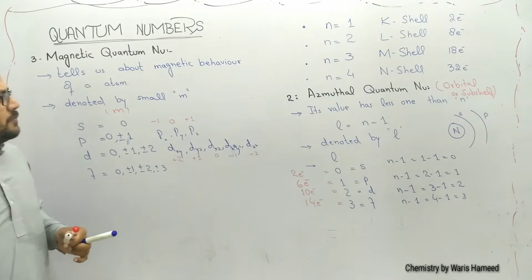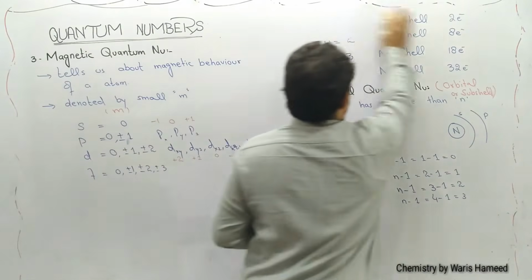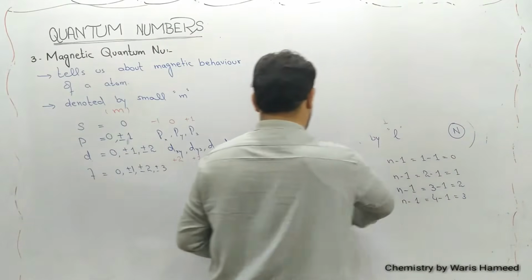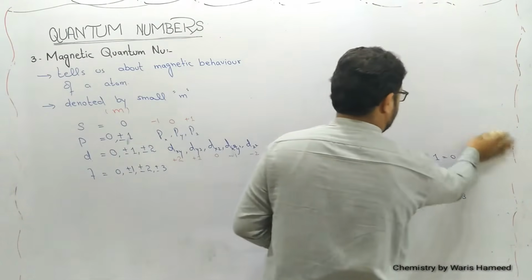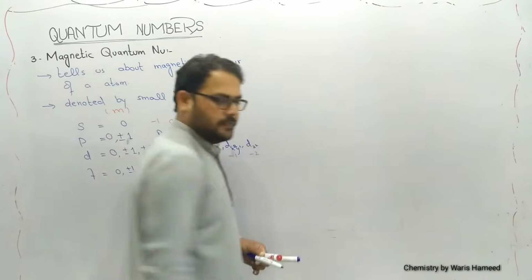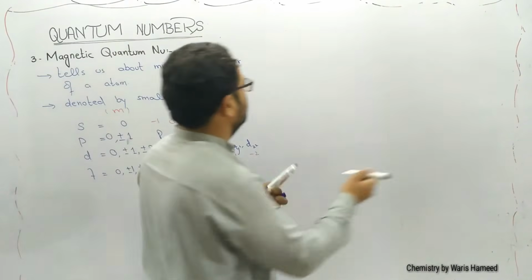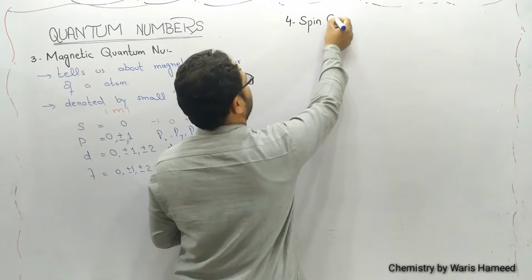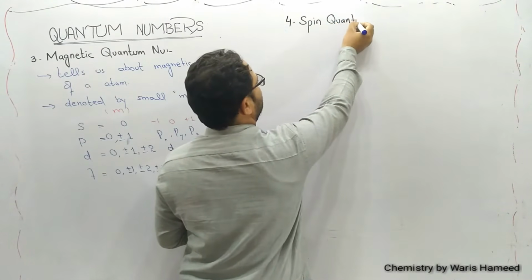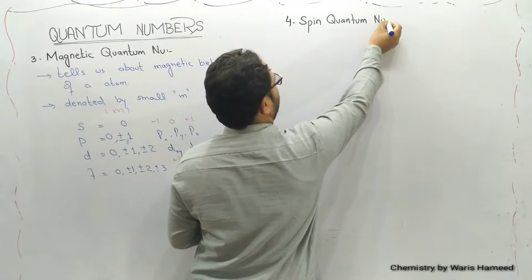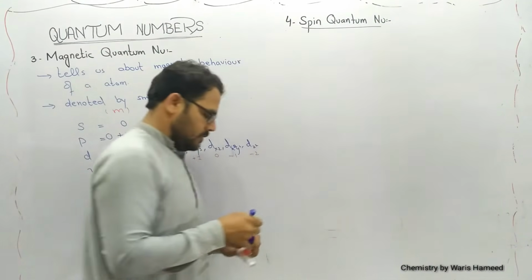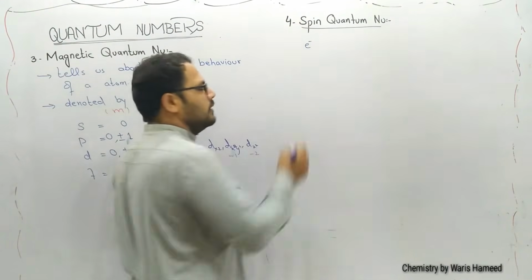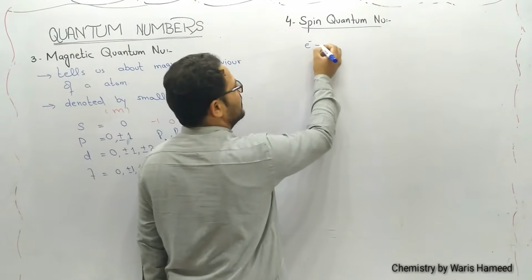Now the last quantum number is the spin quantum number. What is the spin quantum number? The fourth one is the spin quantum number. An electron has two types of motion.